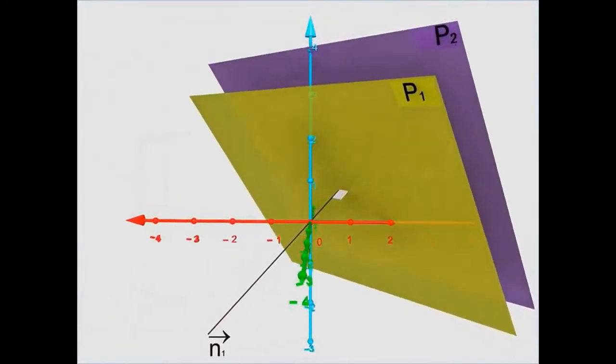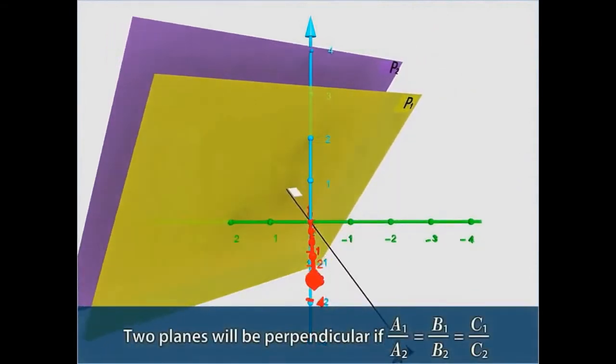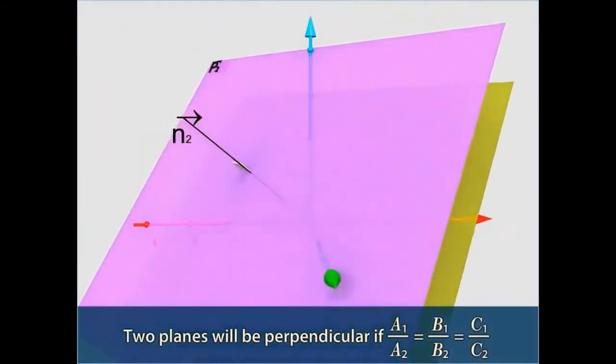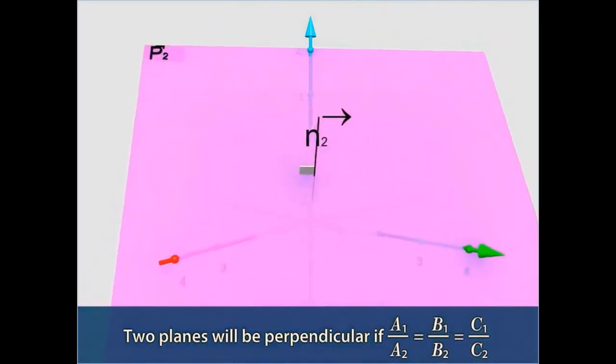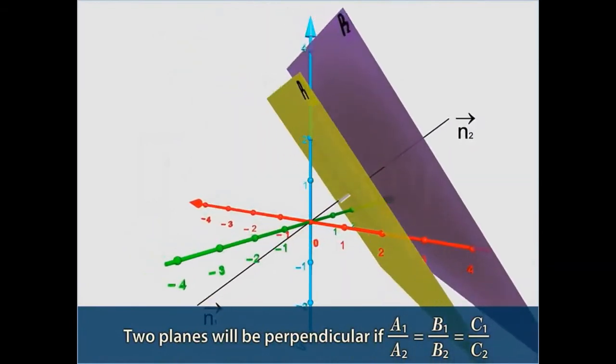Two planes capital P1 and capital P2 are parallel if capital A1 by capital A2 equals capital B1 by capital B2 equals capital C1 by capital C2.